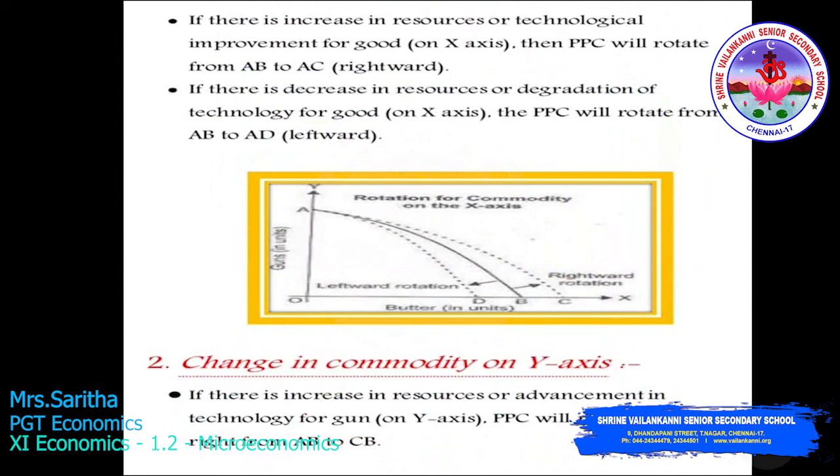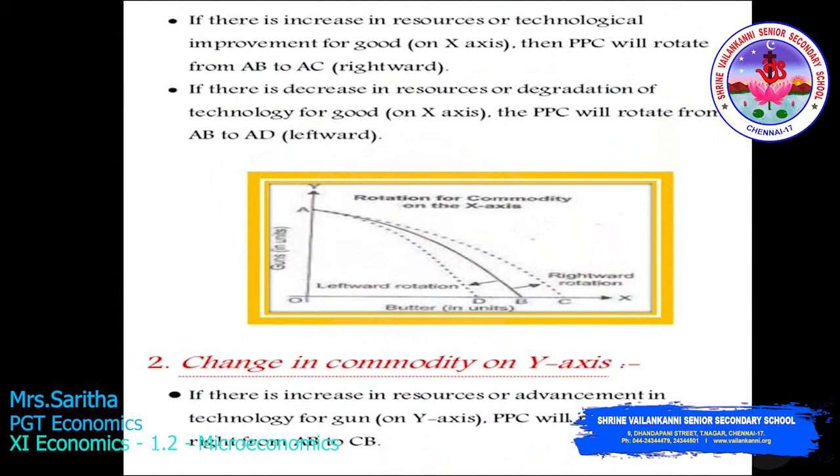Now just the opposite. If there is a decrease in the resources or degradation of technology for the good on the x-axis, the PPC will rotate from AB to AD, that is leftward.